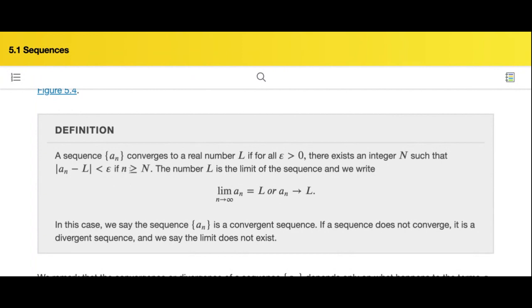Except for n greater than or equal to N.